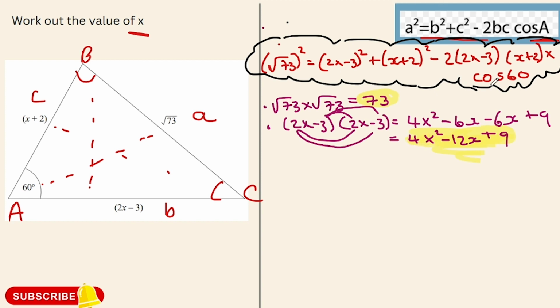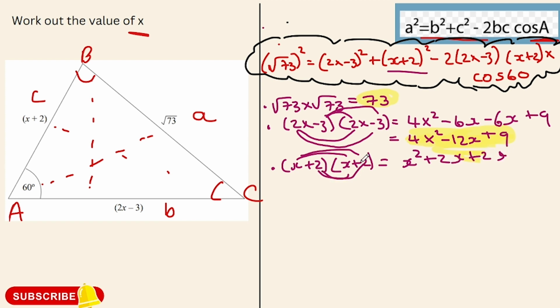Okay, so the next thing I need to do is x plus 2 squared. So I've got x plus 2 squared, which is another way of saying x plus 2 times x plus 2. Okay, so x times x is x squared. X times 2 is 2x. X times 2 again is 2x.